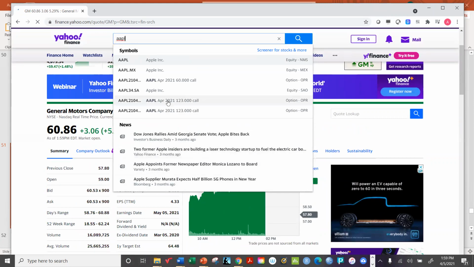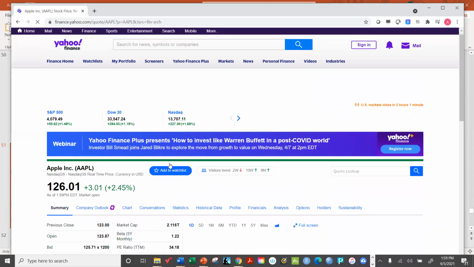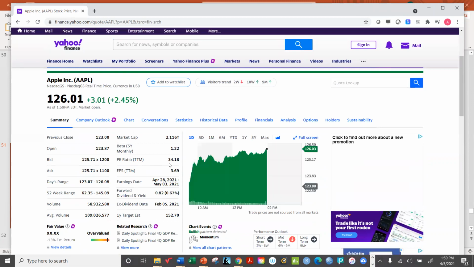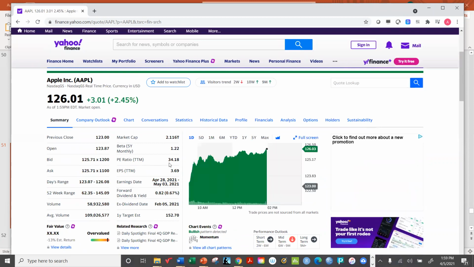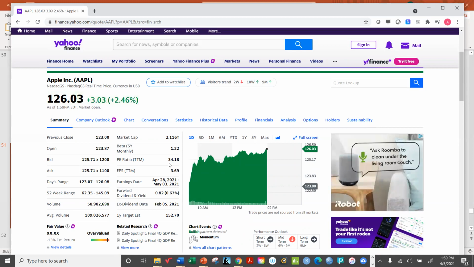Apple's PE ratio is going to be pretty high, I'm betting. Yeah, 34. But what that usually signals is that the market expects their profits to go up in the future. Often a high PE ratio means the stock is very expensive compared to its earnings, but it also means investors are willing to pay that price because they really believe that the price will go up higher in the future. So that's something to keep your eye on.